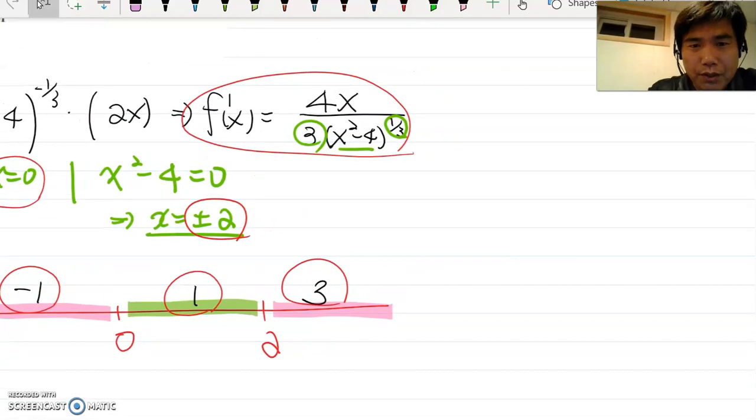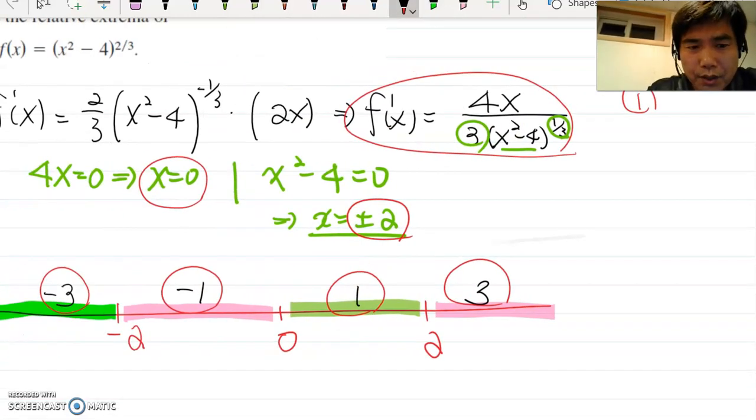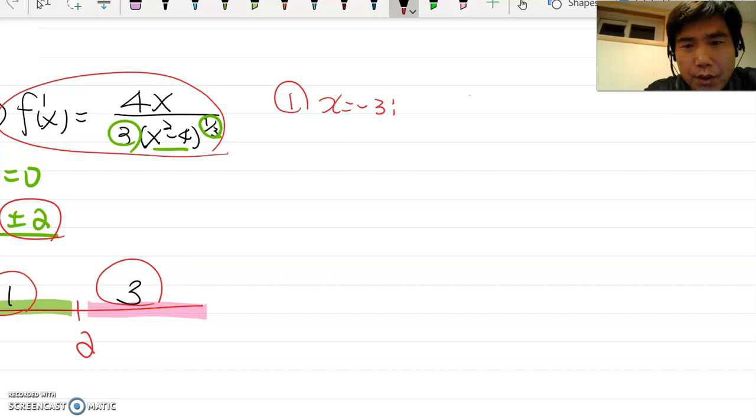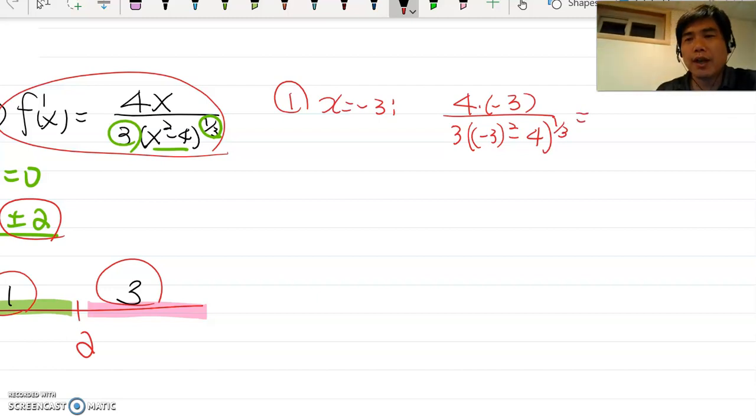So first of all, x equal to negative 3, which means 4 times negative 3 over 3 times (negative 3 squared minus 4). Okay, here, don't try to get the actual value. The most important thing is finding whether the outcome slope becomes positive or negative.